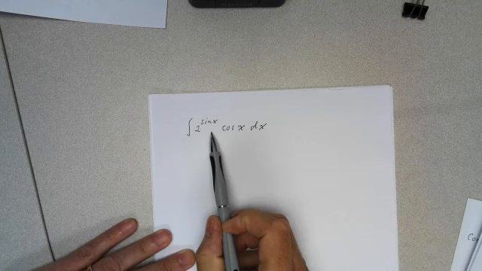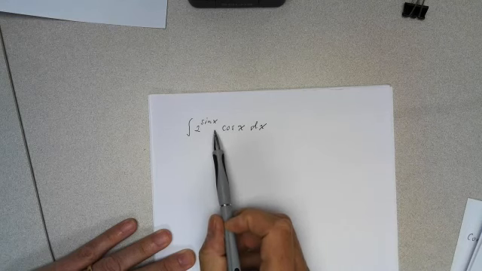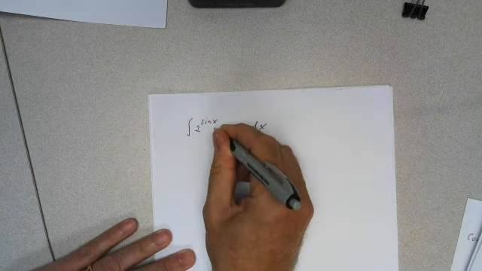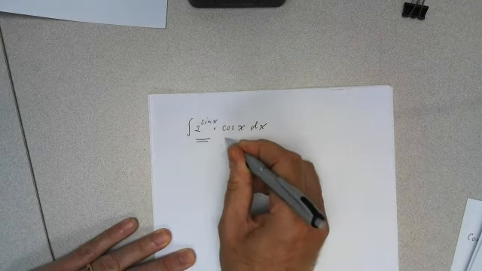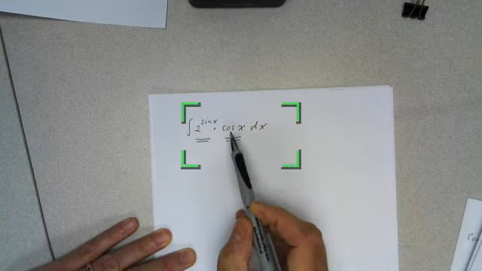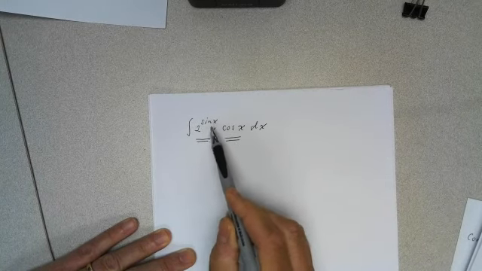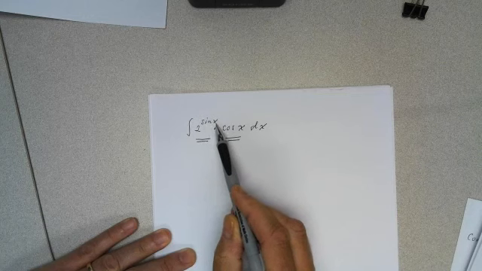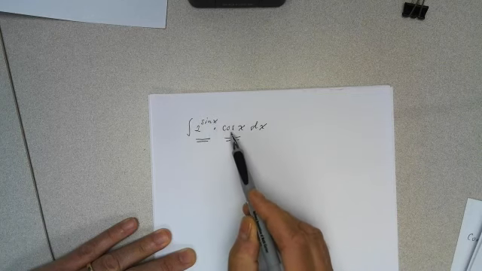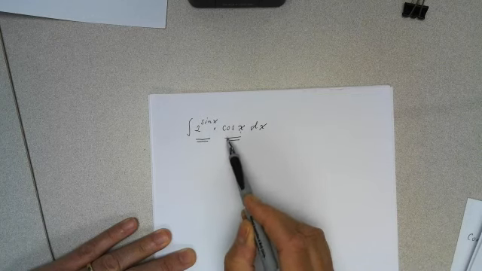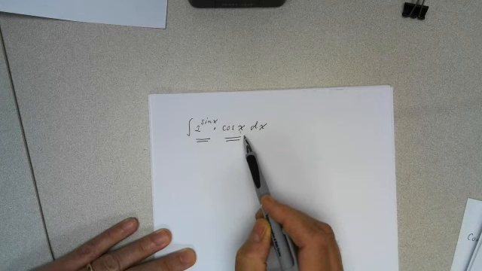Now again, we have the product of two functions, and we see in one of the functions an expression whose derivative appears in the second expression. So if we look at this first expression, we see appearing in it the sine of x, and its derivative is the cosine of x, which is appearing right here.